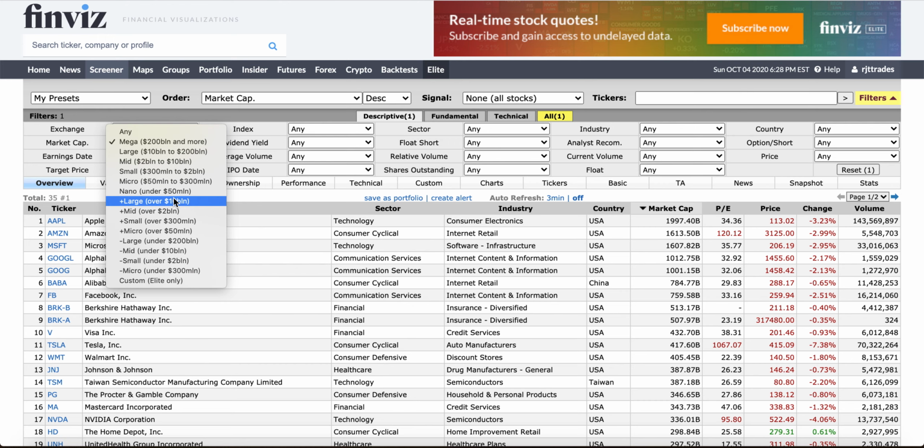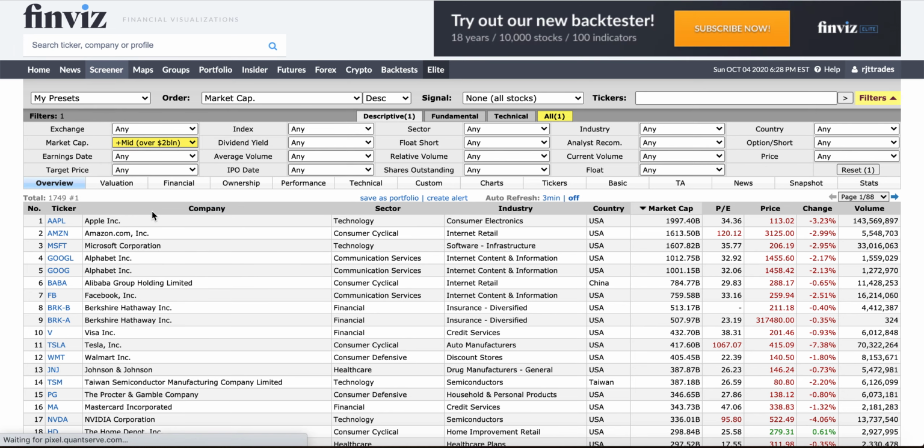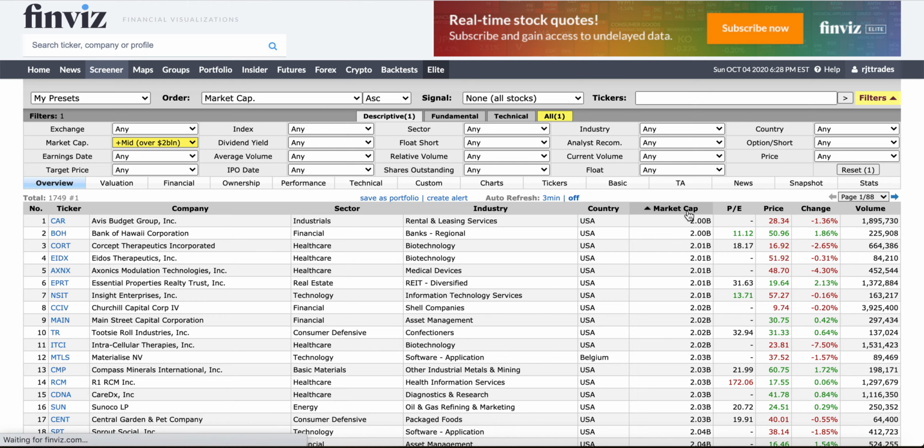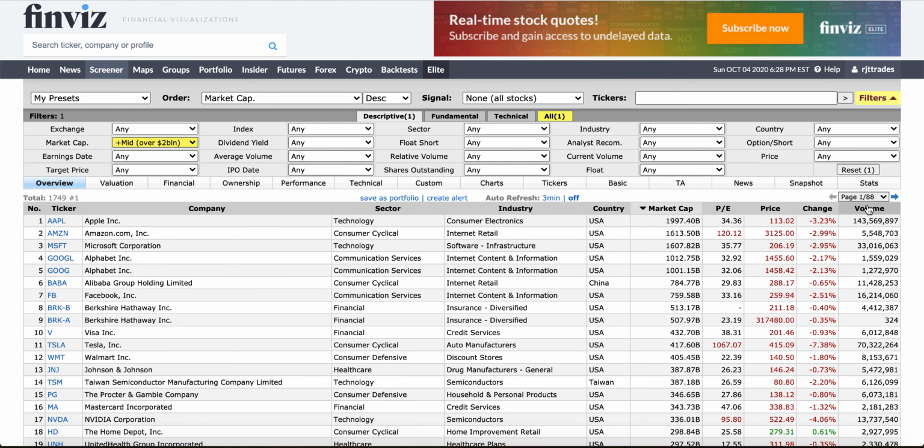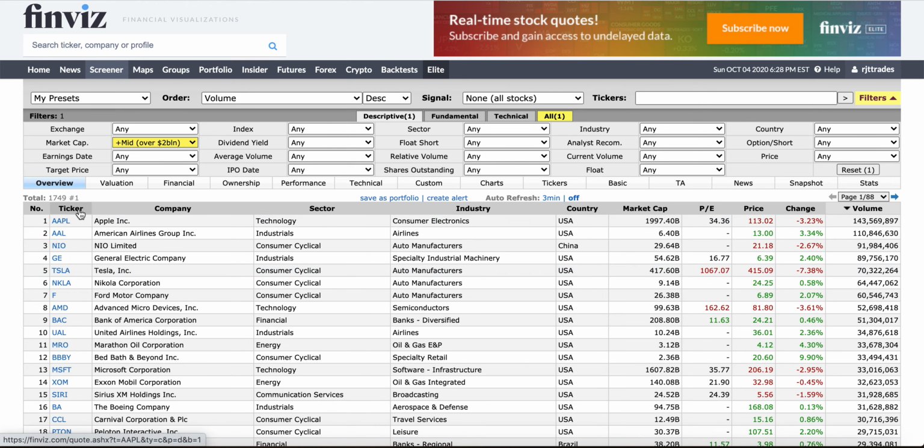If you're looking for just day trades, you can grab anything over 2 billion, or over 10 billion, whatever feels good to you. I usually do mid cap. When you do mid cap, there's still a lot, 174. You can sort by volume or whatever you like, but these are basically all the stocks over 2 billion in market cap, right?